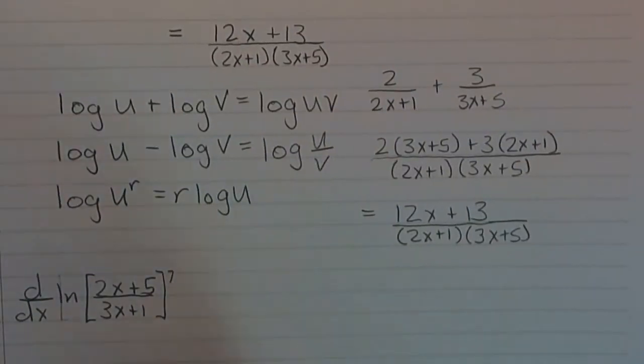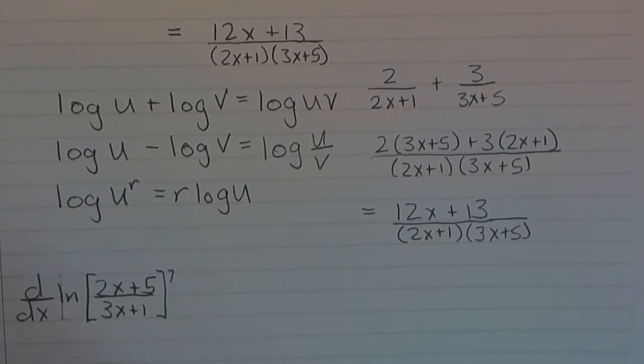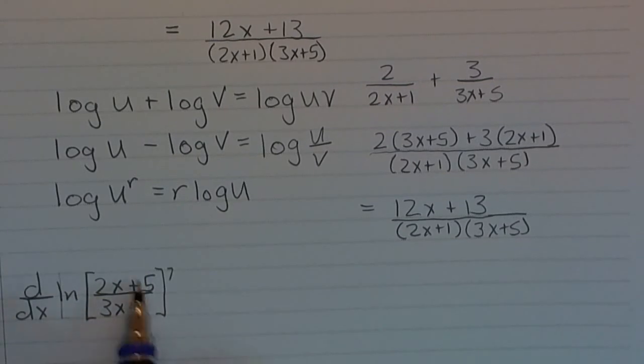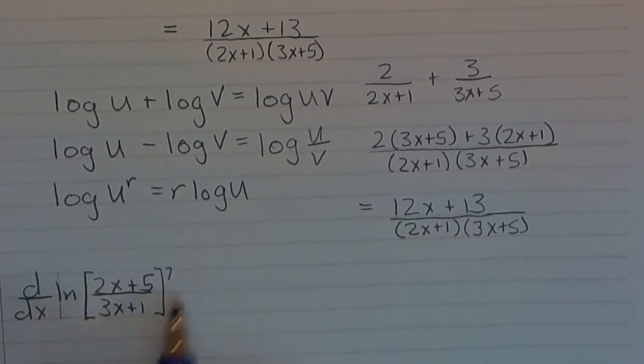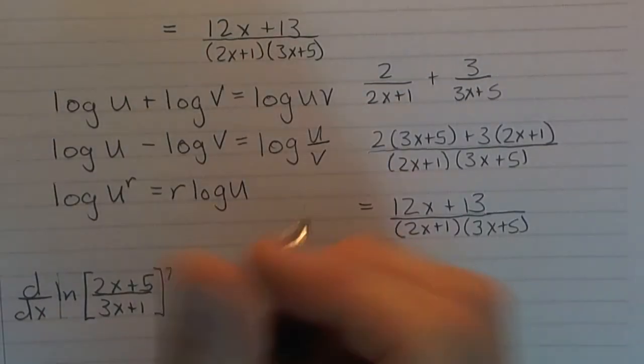Now you can see, if we don't use our properties of logs, we're going to end up with kind of a mess, because we're going to put 1 over this whole thing right here, and then multiply by the derivative of this thing. So that could get messy.